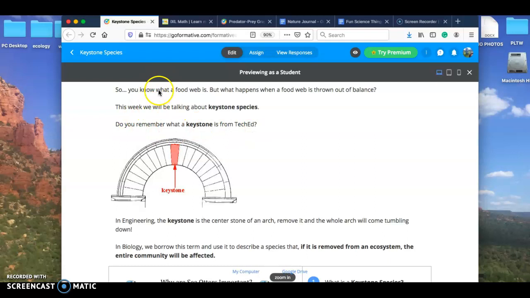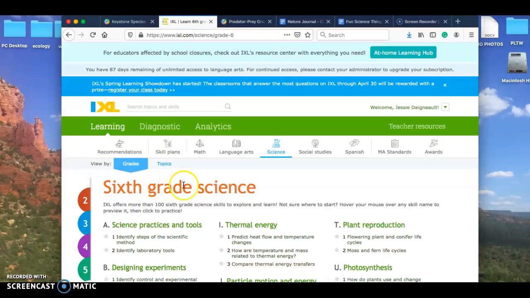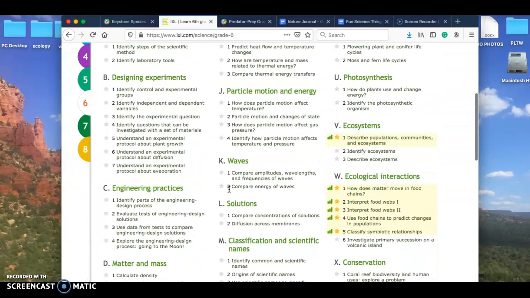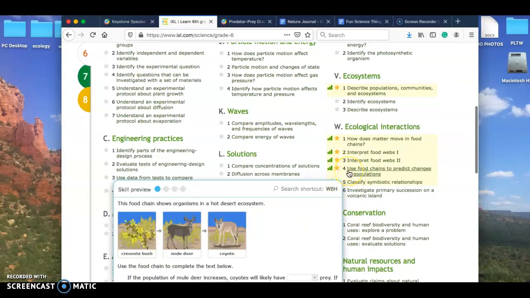Second, we are doing a little bit of IXL. I am new to IXL, so I'm still trying to figure out how we're going to use it best. This week, what I would really like you to do is work on this assignment.